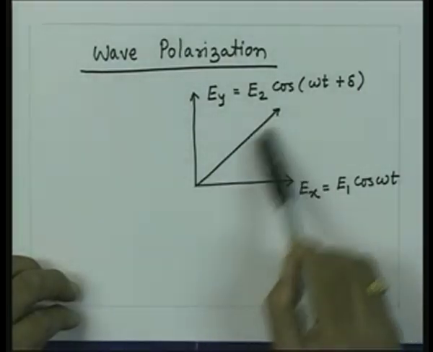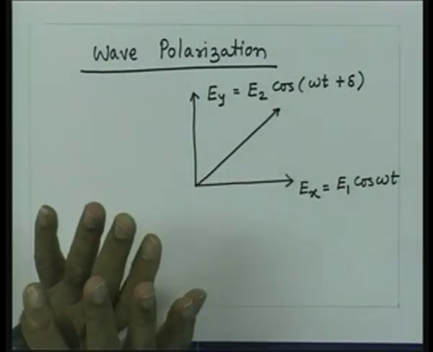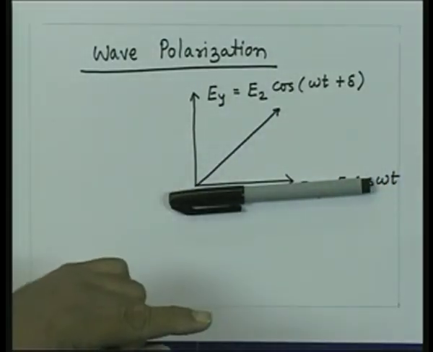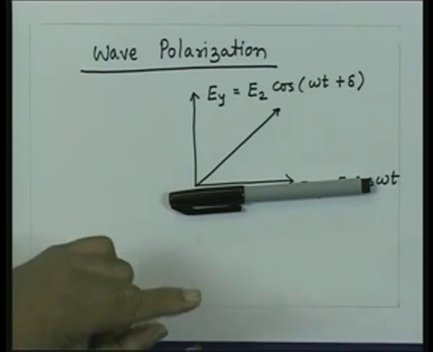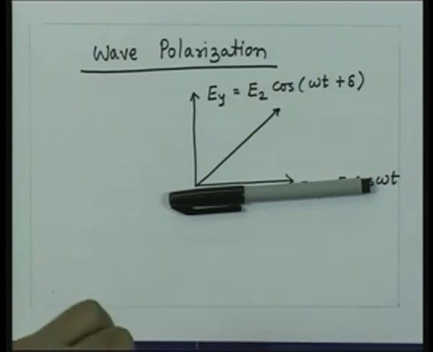So, I can say that whatever general thing I am talking about is equivalent to as if I have two waves, one for which the electric field vector remains in x direction like that. I have another wave which is having same propagation characteristic, but for which the electric field vector was like this, which was vertical. And if I launch these two waves simultaneously into the medium, then at any location in space, I will always get the vector sum of these two electric fields, and I will get the resultant electric field.